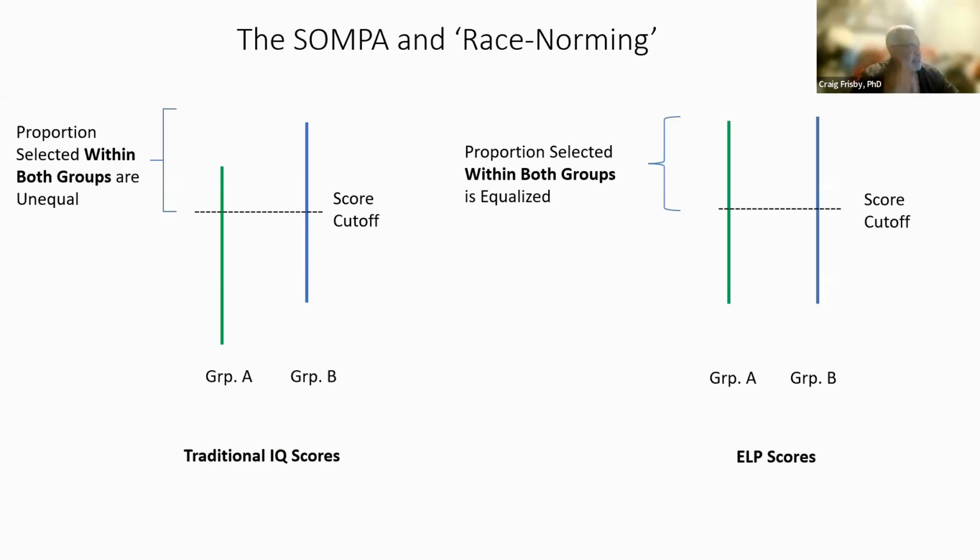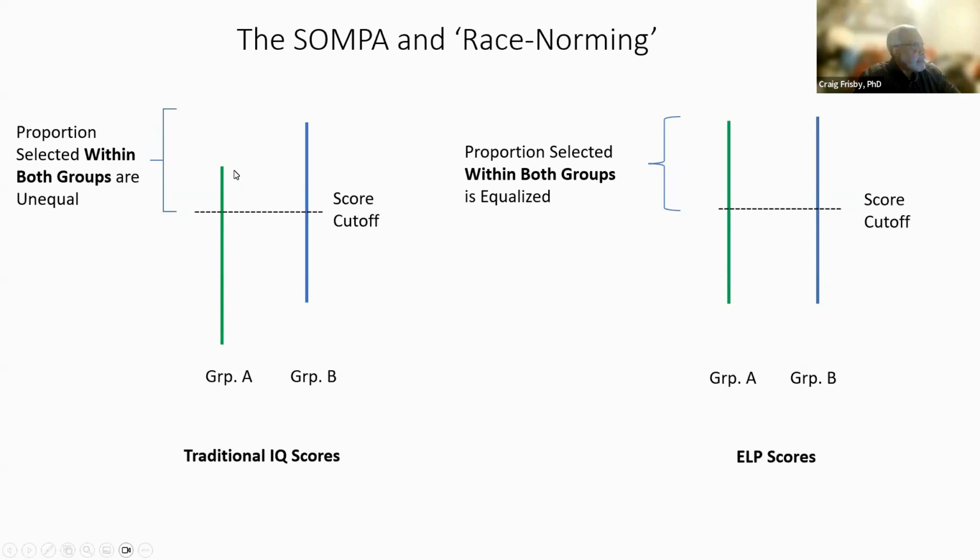Under the SAMPA philosophy, if you look on the left, this is what you would find if you're dealing with two groups that have significantly different means in their distribution of scores. Let's say you have a cutoff for deciding who's going to be in gifted or who's going to be put in a class for the intellectually disabled.